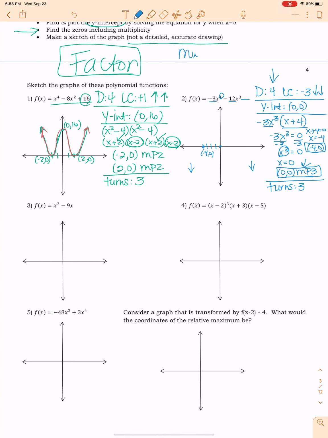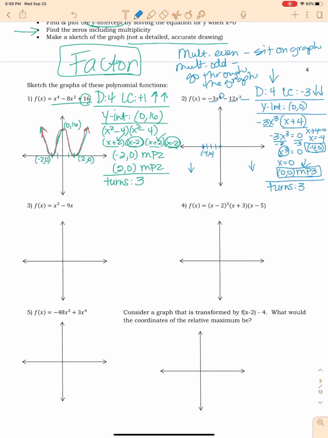If your multiplicity is an even number, it will sit on the graph. If your multiplicity is odd, it will go through the graph. But it goes through the graph in a weird way. It goes through the graph, well, I'll show you.